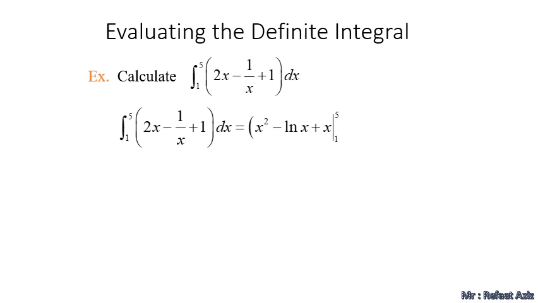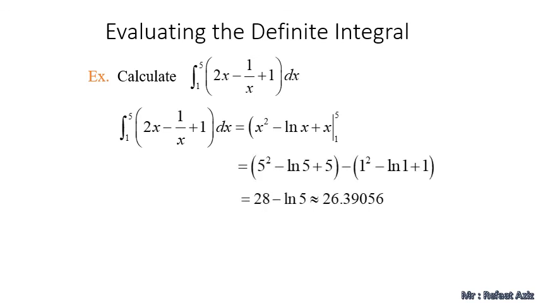Then from 1 to 5, it will be 5 squared minus ln 5 plus 5, minus 1 squared minus ln 1 plus 1. It will be 26.39056.